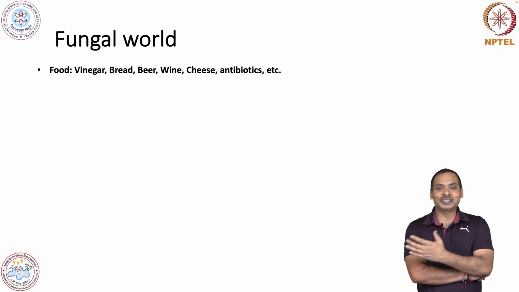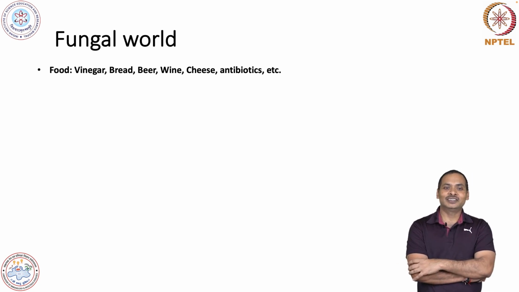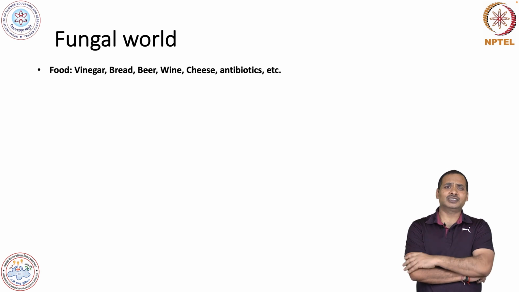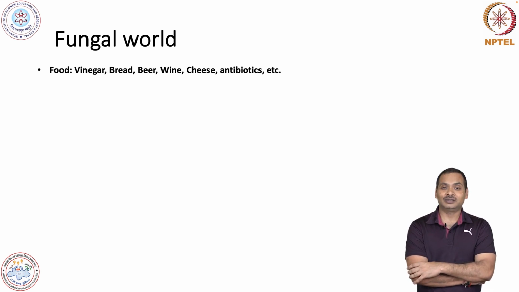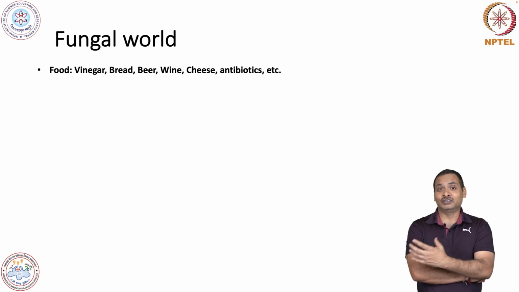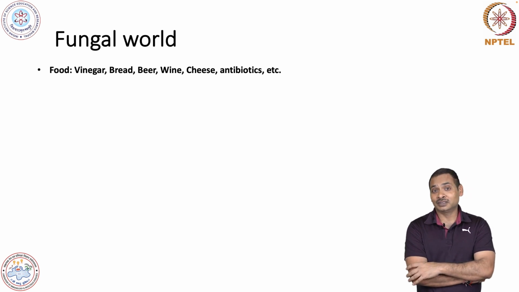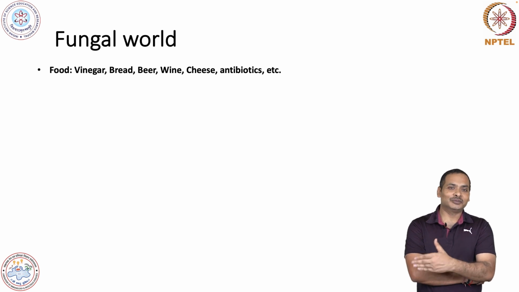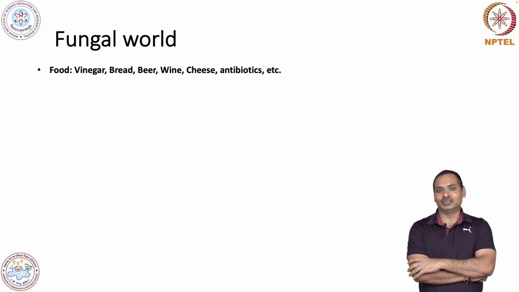You may occasionally take beer or wine, and you may take cheese, and in hospital settings we use antibiotics. Antibiotics are produced by several fungi. Probably you may remember the discovery of Alexander Fleming. He discovered penicillin. So fungus has a more positive impact on our life.